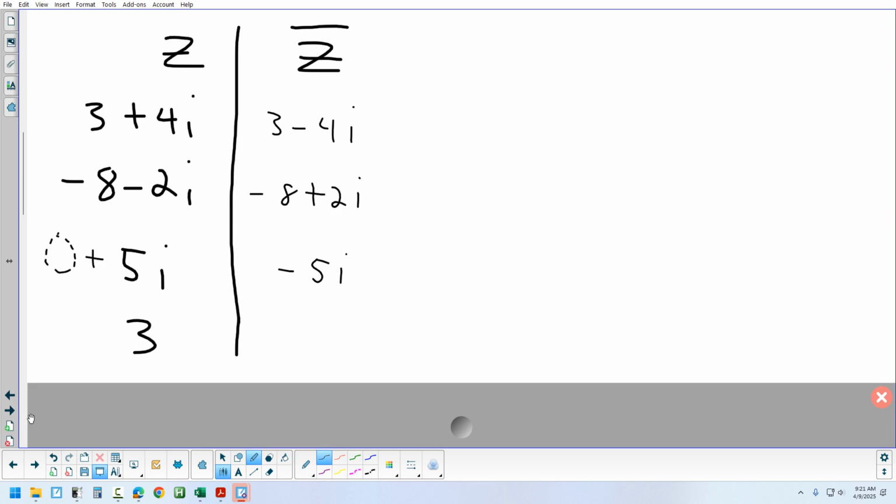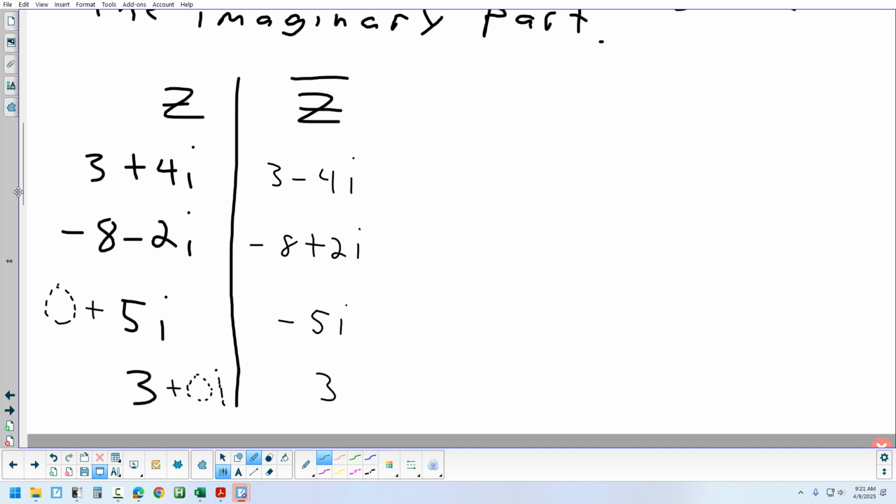Yep. Just 3. Doesn't change. Again, why doesn't that one change? Well, think of it as 3 plus 0i, since there's no imaginary part. The conjugate is 3 minus 0i. Well, plus 0 minus 0, same thing. Okay. So any question on, if I give you a number, how you find the conjugate of it?